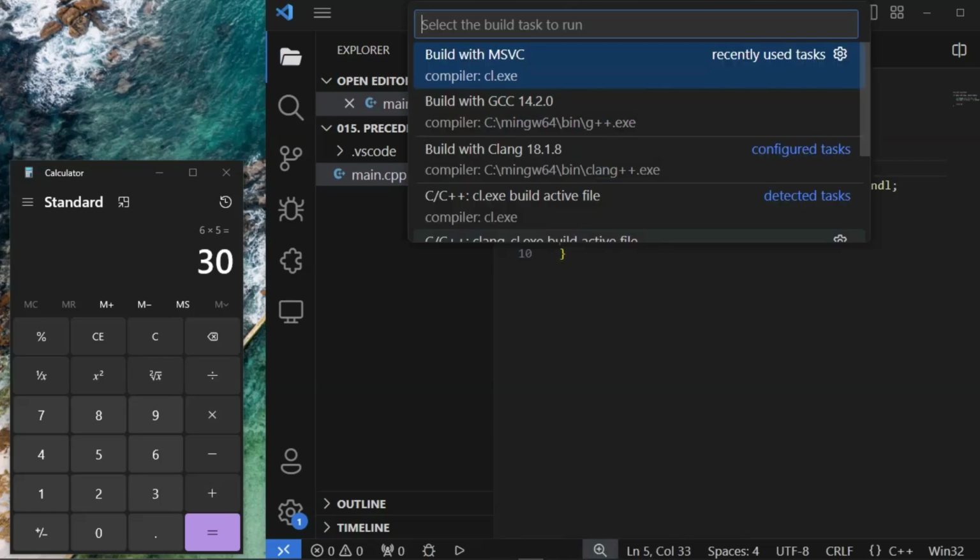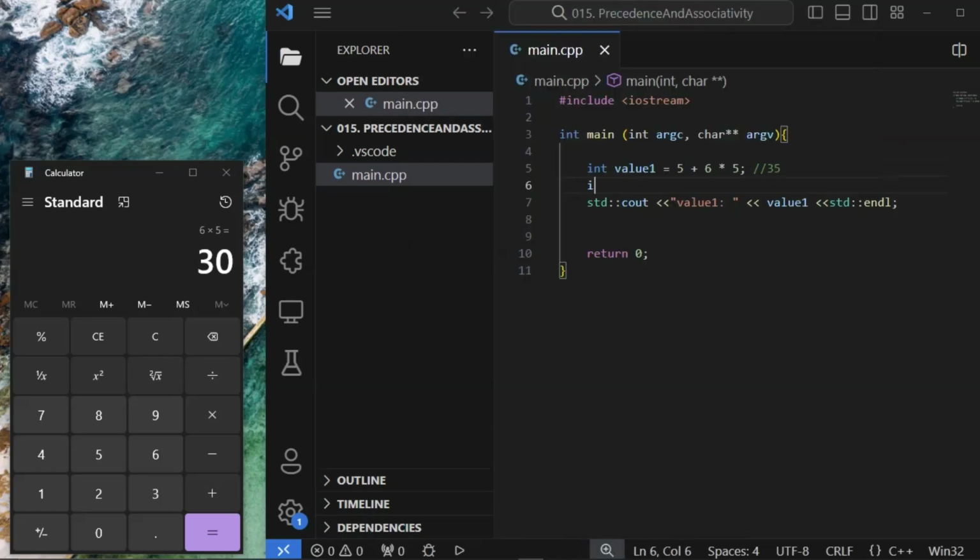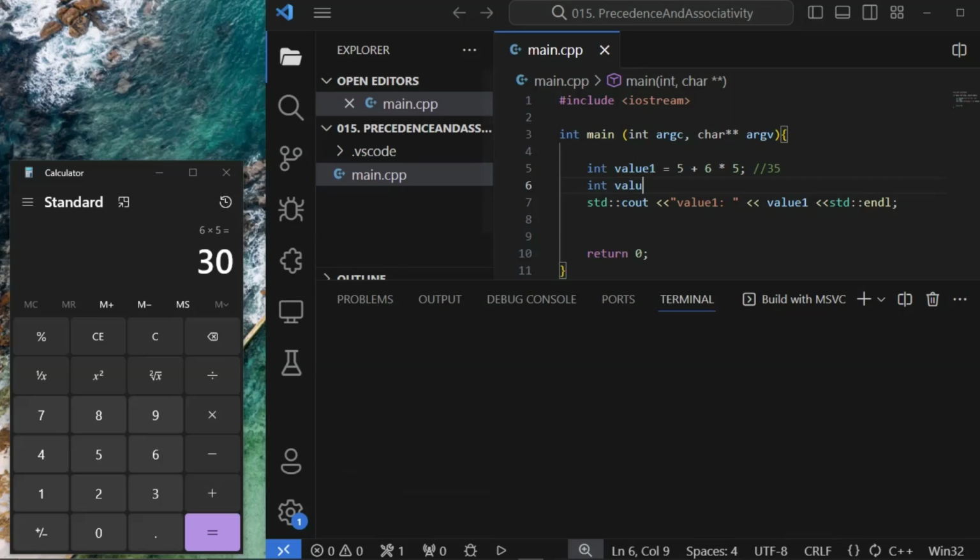If we tried value 2 and we tried, come on. I want to stop this. I don't want to use this compiler.